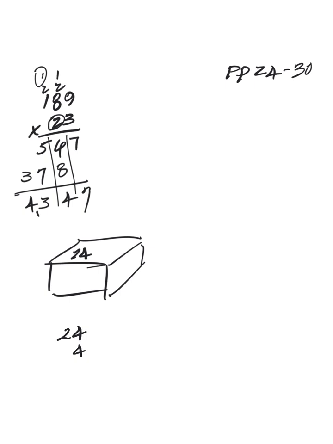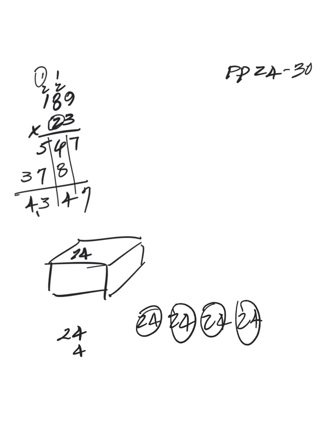So times is really a shortcut to addition. So if we have 4 boxes, it would be 24 plus 24 plus 24 plus 24, or 24 times however many boxes there are. So you would just multiply, and you'd end up with 96 bottles of motor oil. So it's the remembering what you're supposed to do, not necessarily how.